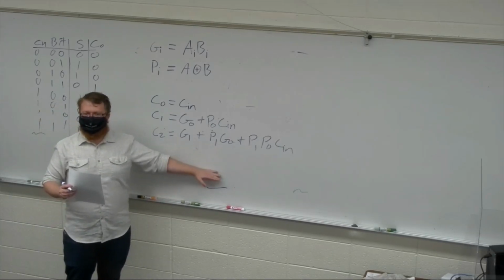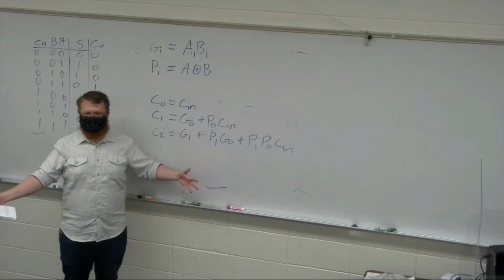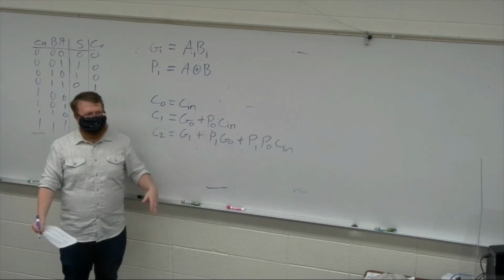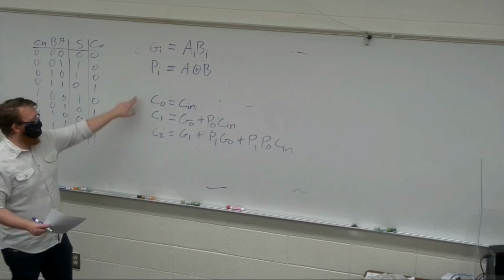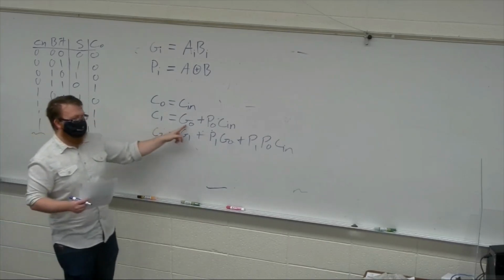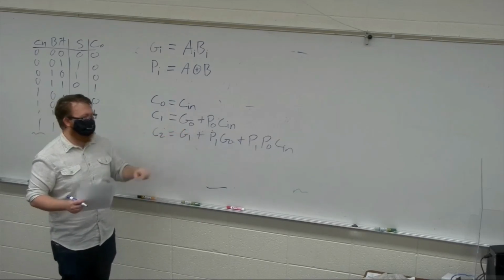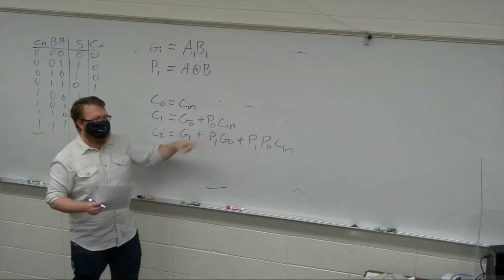But you can see how this logic starts to cascade in complexity really quick. No, because this is only one gate, because all of this is happening in parallel. It's OR and AND. Well, I guess this could be two gates, right? Because it's an OR and an AND.